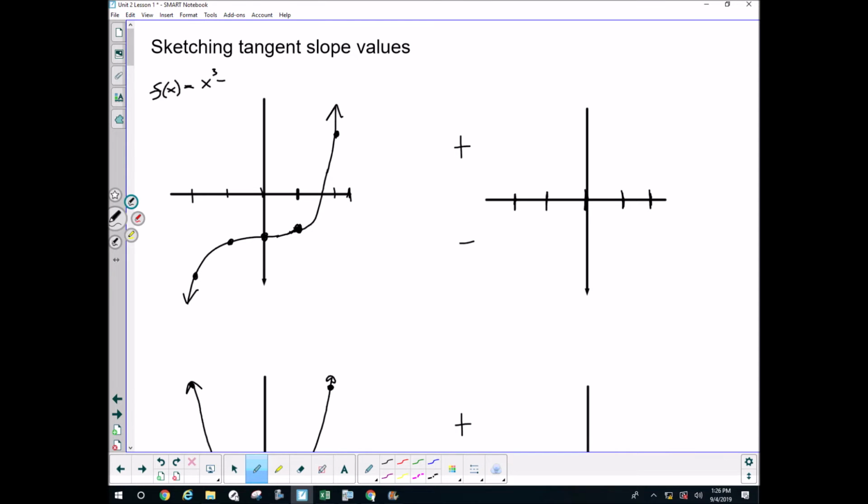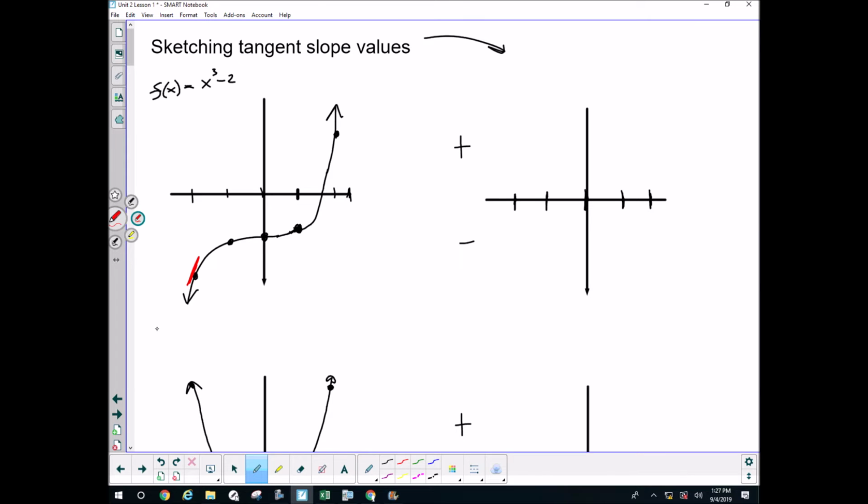We're going to pretend this is x cubed minus 2. And what we're going to do over here is we're going to sketch tangent slope values. This is what I mean. At this point, when x is -2 down here, I'm going to draw a little tangent slope there.